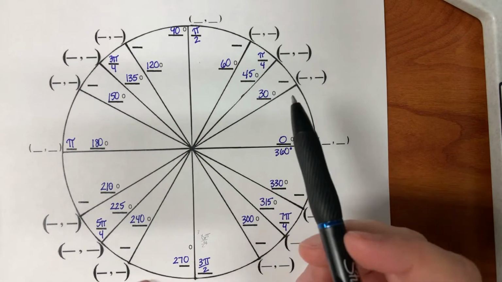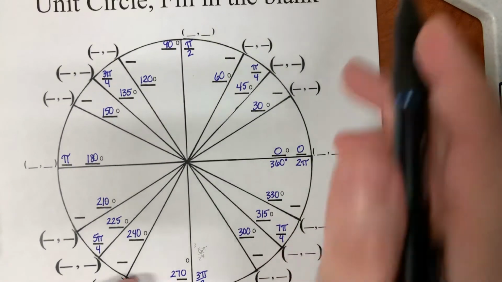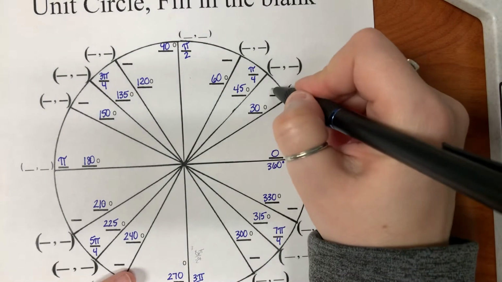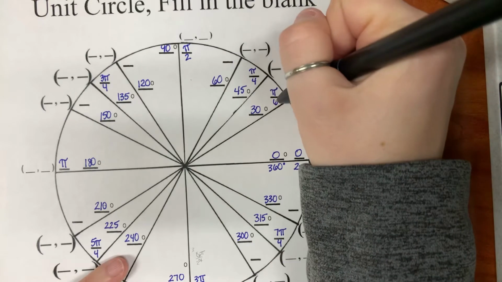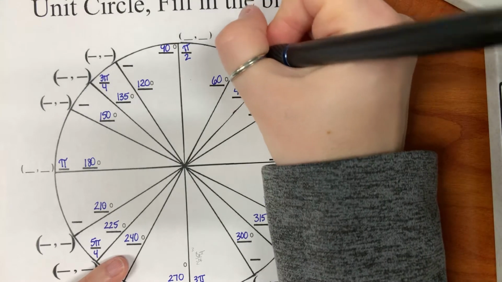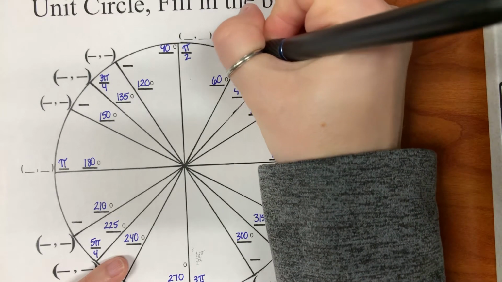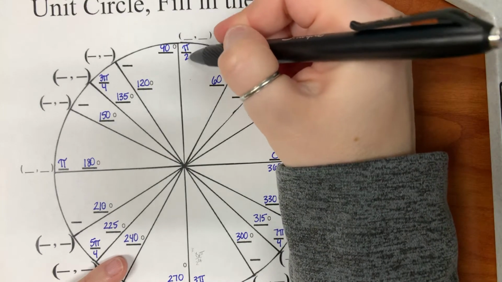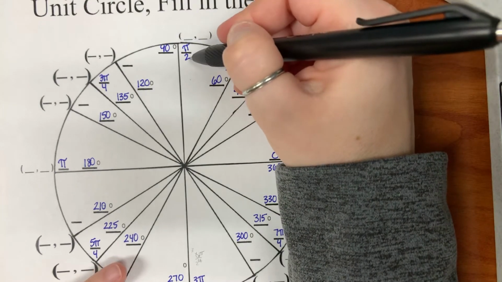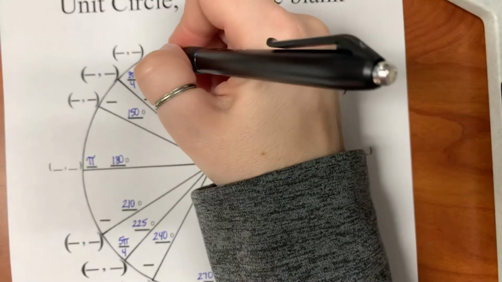Okay, then I'll go through and do my sixths. So this one would be pi over 6. 1/6, this would be 2/6, which is the same thing as pi over 3. 3/6 is this one that we already wrote, so I'm not worried about that. So the next one would be 4/6.